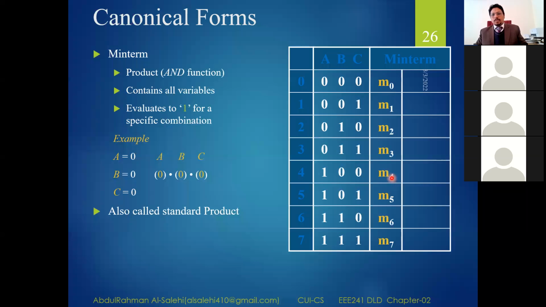For example, look here, I have A, B, and C, 3 inputs. Let me see these 3 inputs: 0, 0, 0 represents 0 in decimal, from 0 to 7. So in front of each of them, I have to number it. So this row is M0, this row is M1, M2, M3, M4, M5 until M7.